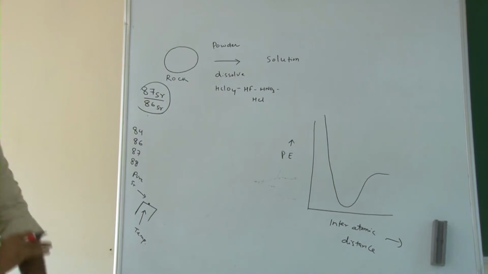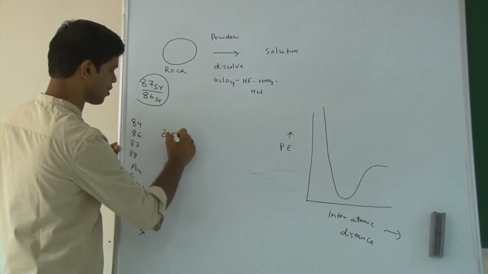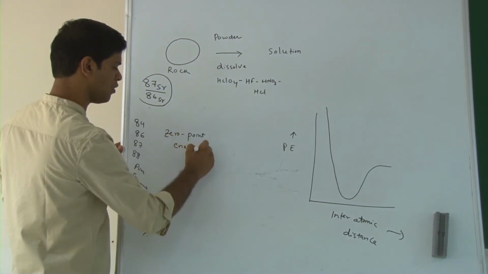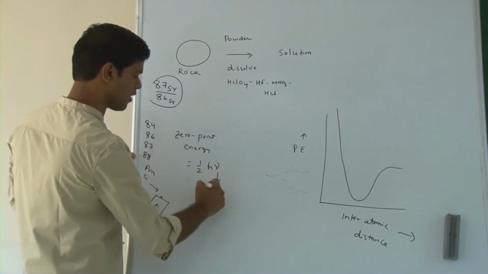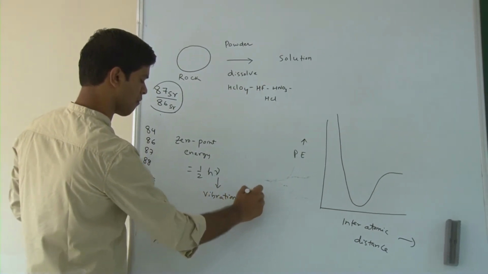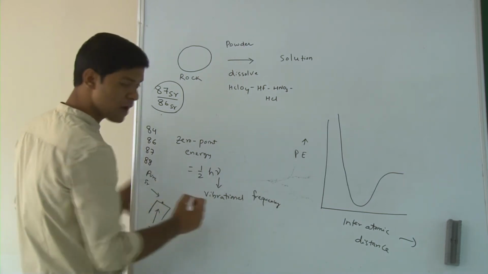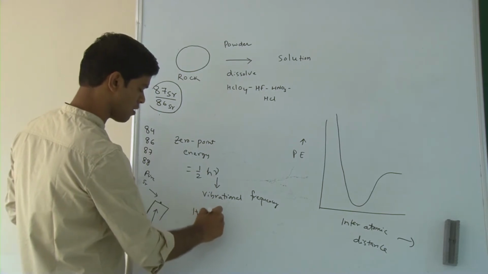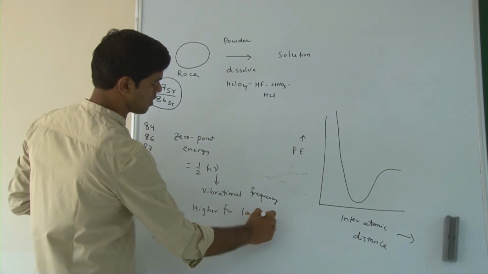What happens is, if you try to understand the zero point energy for each of these isotopes, we know that zero point energy is half h nu, where nu is the vibrational frequency, and this vibrational frequency is higher for low mass atoms.